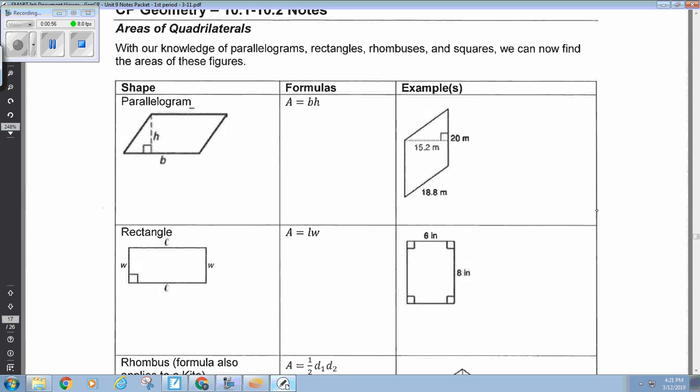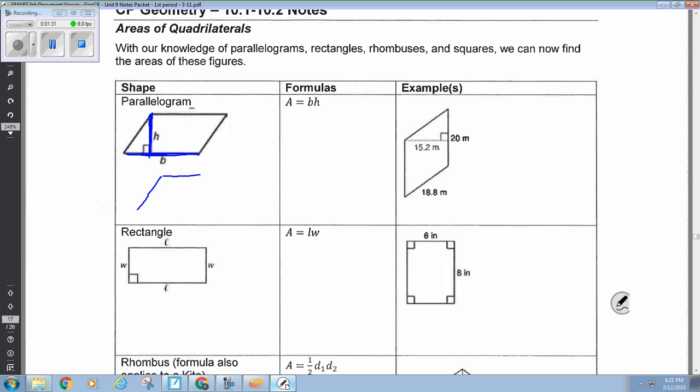So as you can see in your notes, this is the same sheet that's in your notes, so you can follow along. A parallelogram has a base along with a height. As long as you know the base and the height, then you can find the area of a parallelogram using area equals base times height. I want you to keep in mind, though, that this height is given inside of the shape.